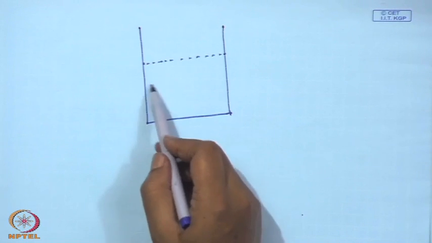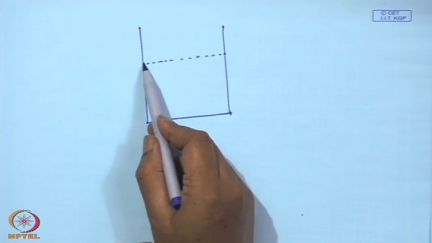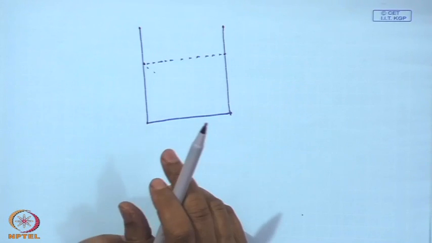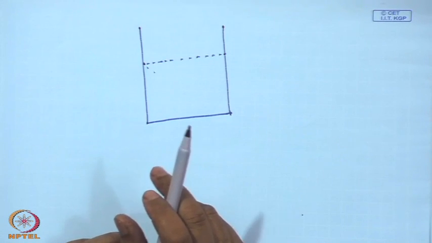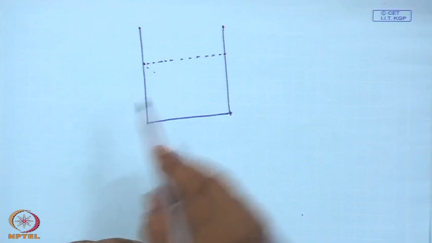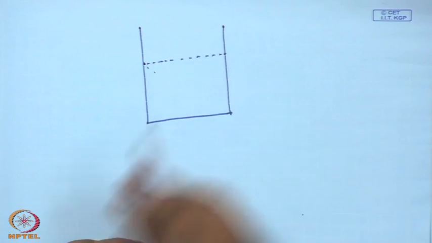How will the free surface look like? Parabolic in 2-dimensional case. For a 3-dimension, it is a paraboloid of revolution. Fine. Will the free surface go up or come down, or what? That is, the parabola will start from here or from somewhere else. Will it be like this or like this?